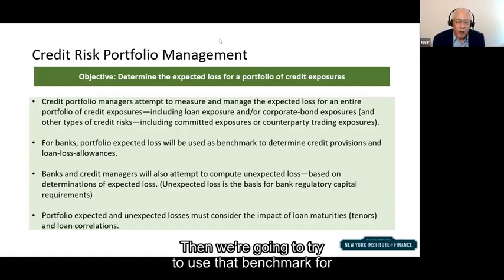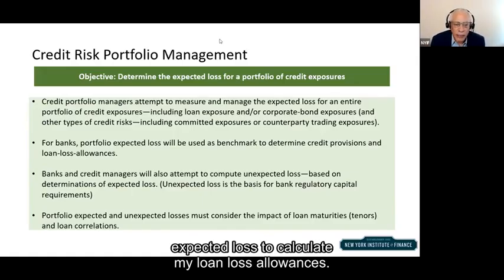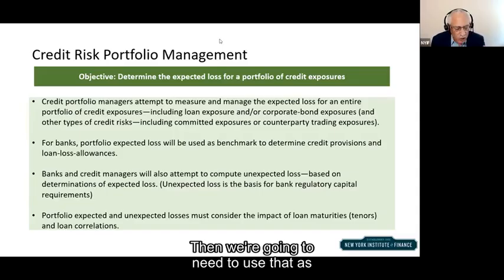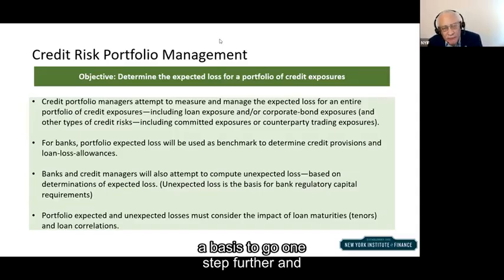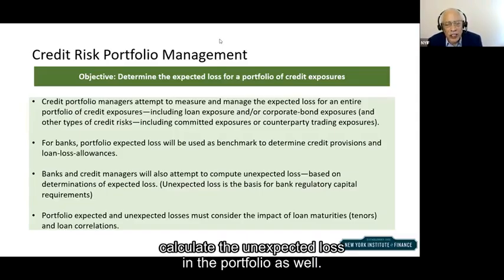Then we're going to use that benchmark for expected loss to calculate my loan loss allowances, and use that as a basis to go one step further and calculate the unexpected loss in the portfolio as well.